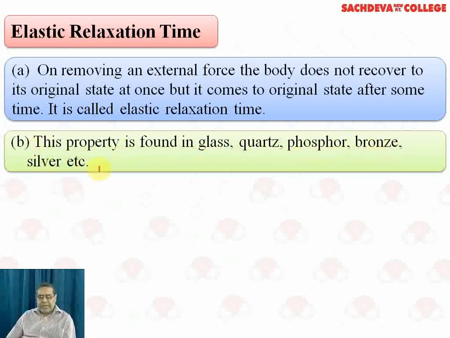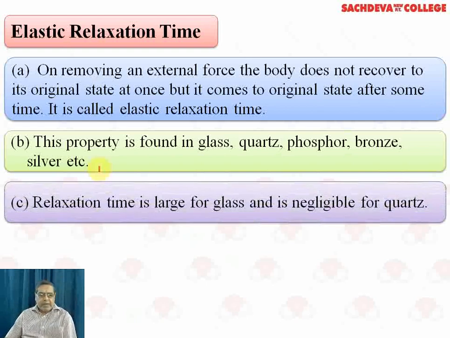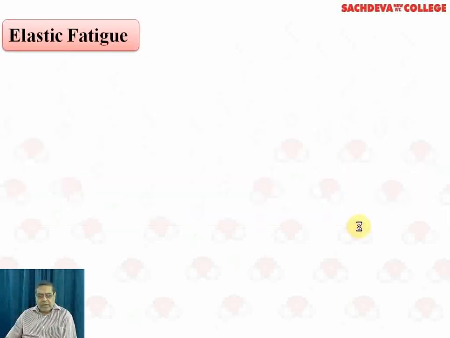When they are stretched and we remove the force, they come back to their original position, not immediately, but it takes time, and that time is called the relaxation time. Relaxation time is large for glass and negligible for quartz, so quartz is more elastic as compared to glass. Elastic fatigue.